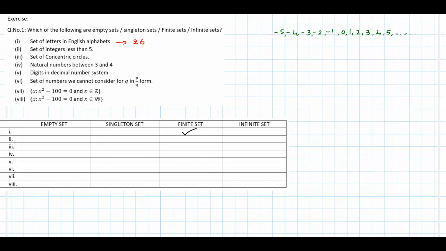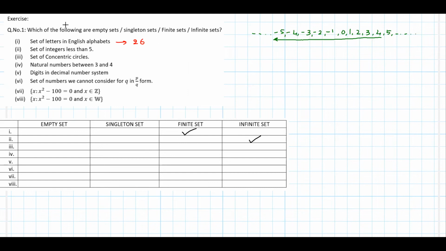Then yes, these are integers. Now we have to consider the integers which are less than 5, which means from 4 towards left-hand side. So how many are there? There are infinitely many. Can we count them? No, we cannot count them. So it comes under an infinite set, right? So a set of integers less than 5 are infinite.